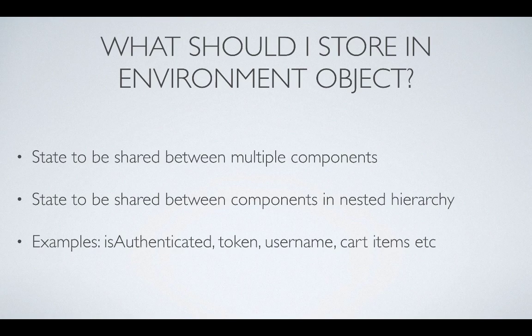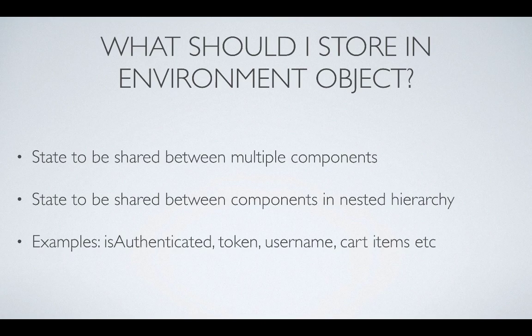So that's the basic idea of environment object. Environment object is basically the global state. Any view can get information from the environment object without having to pass around those properties all the way up or all the way right or left to a different hierarchy. If you have common data, whether in the form of objects, properties, Boolean flags, strings, or whatever you have, which you think is going to be accessed in multiple views in your application, then yes, go ahead and put it into environment object.